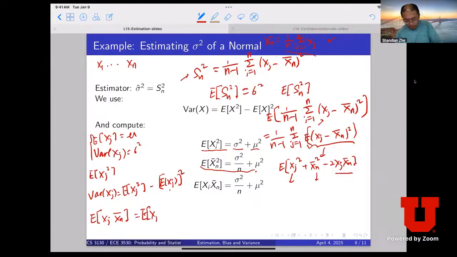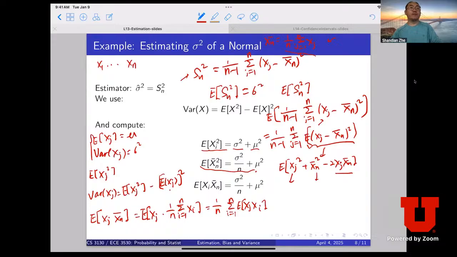The sample mean is just the average of the IID random variables, so you just multiply xj into each summand. You're going to have a summation from 1 to n of xj multiplied with xi, then take expectation.